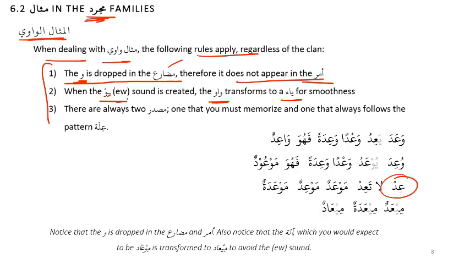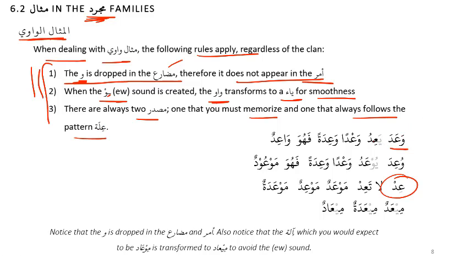So if you have an ew sound, then the waw is transformed to a ya, because a kasra followed by a ya is much more smooth than a kasra followed by a waw. So this is done for smoothness. There are always two masdar, the one that you must memorize and the one that always follows the pattern illa, and we'll see this shortly. But the first two rules are the more important ones.